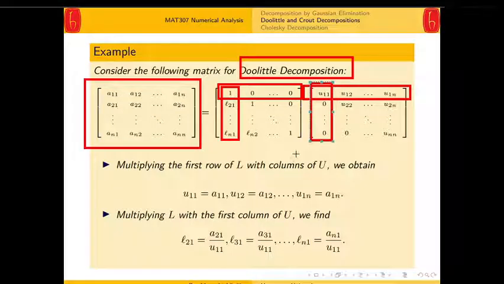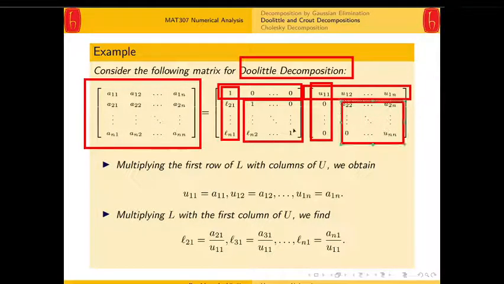Okay, so we can proceed to the next step and perform this very same thing. Let's multiply the second row with the columns of the U, and then obtain what.